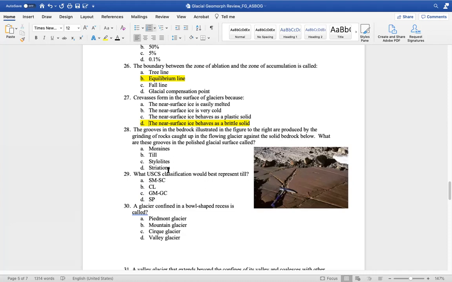But in this case, I do remember that stylolites are a pressure dissolution feature that forms this sawtooth looking line feature in rocks. And here we have very straight ridges almost that are polishing this rock. And those are called striations.